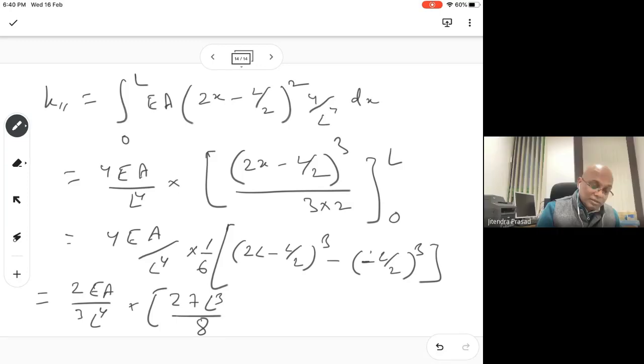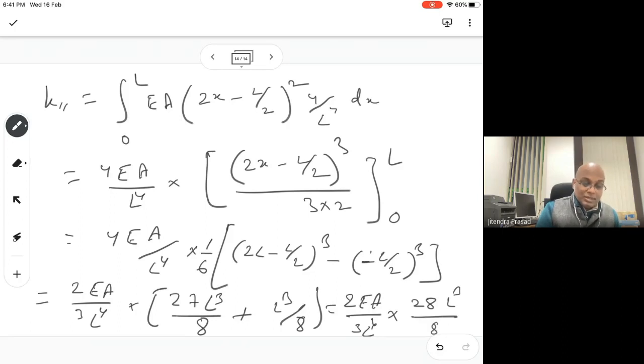Okay. So 27L cube over 8, and then you have minus, plus, because this is an odd power here, so it becomes plus L cube over 8. So 2EA over 3L to the 4 multiplied by 28L cube over 8. Okay, so how much do we get now?